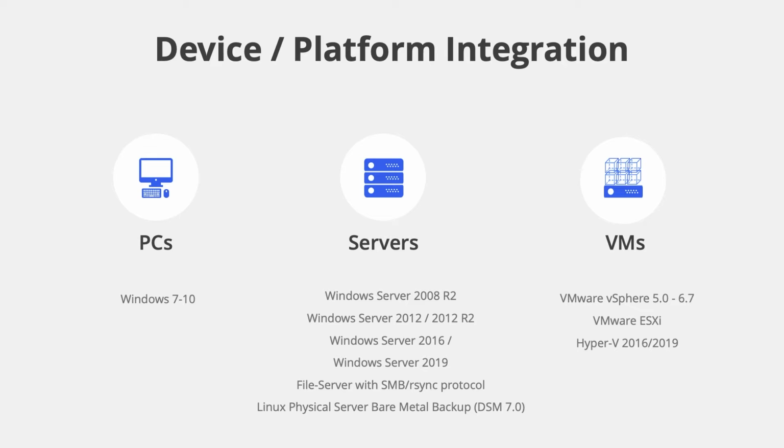Linux servers for bare metal backup. And lastly, virtual machines running on VMware vSphere 5.0 and onwards, and Hyper-V 2016 and 2019. Pretty much anything on your network, I can guarantee you that ABB is able to pull the data into the NAS.